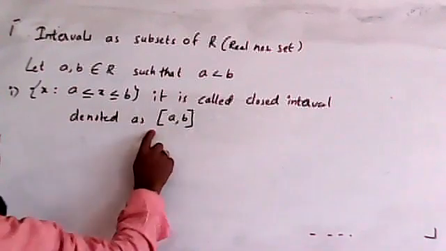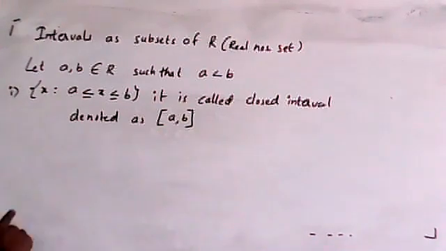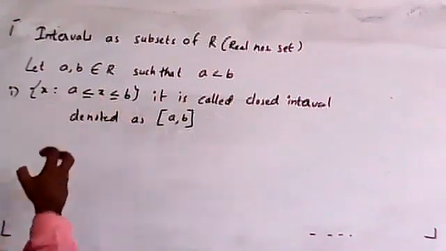Closed big brackets we are using, so we call this closed. What does it mean? It means both a and b are included.